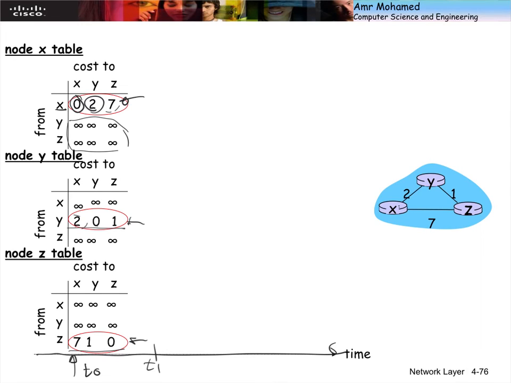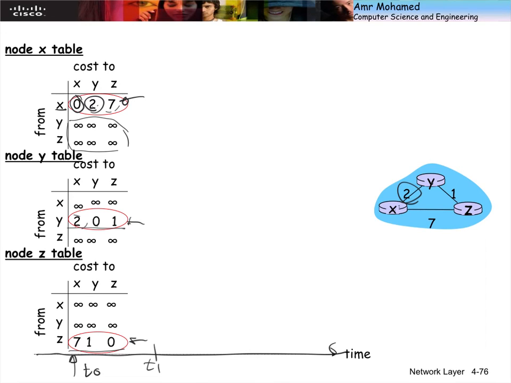For example, the cost to y is either to go directly to y, which is 2, or maybe y will give me another distance which will reduce that cost even more. ماشي? So either I have 2 plus 0, or maybe مثلا 7 plus 1, which is obviously more. So the cost to y will still be 2.